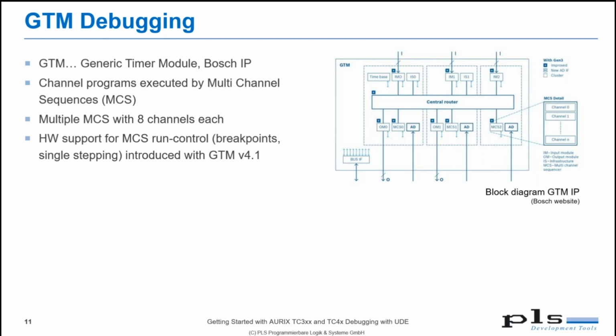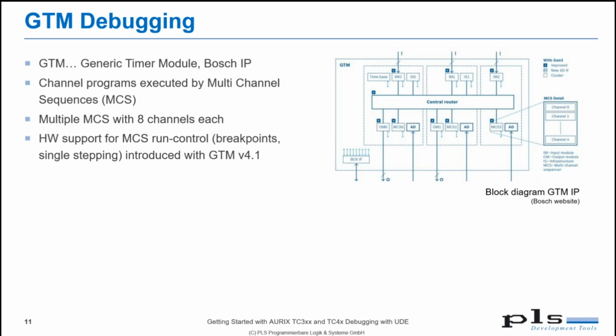Maybe you need some PWM generation in your application, or want to do some signal filtering for motor control, etc. Then the GTM is a very powerful unit that can be used for such applications.